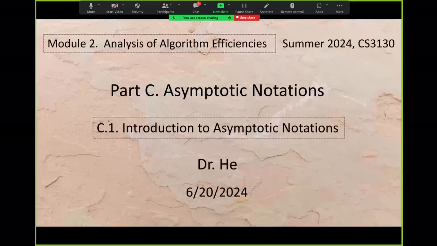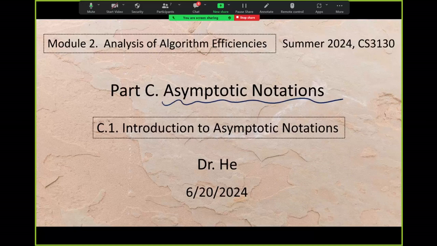Part C, asymptotic notations. The most important concept in this module, asymptotic notations. C.1, Introduction to Asymptotic Notations.